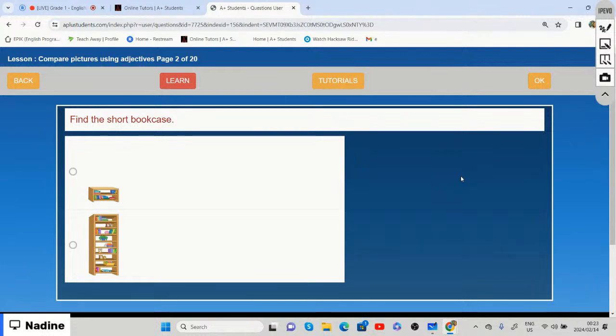We need to find the short bookshelf, a short bookshelf or the one that is a bit smaller. So we need to find the short bookshelf or bookcase, or we need to just specifically find the one that is smaller in size. And if we were to find the short bookcase, then we will choose the top one.